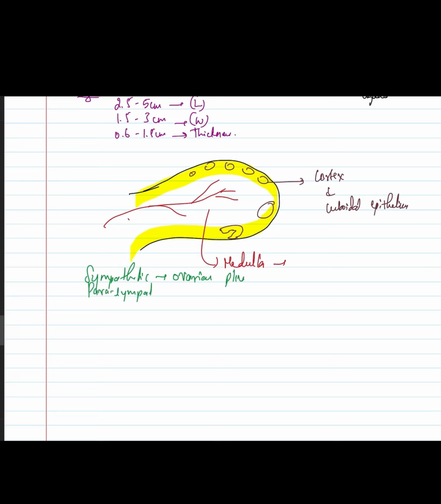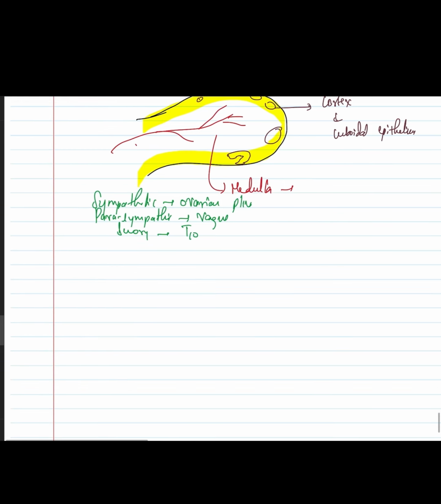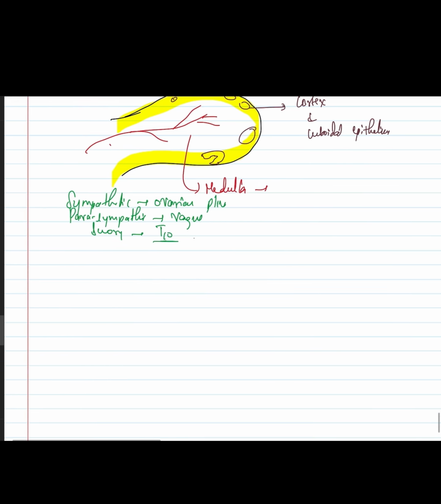Parasympathetic is your vagus nerve. And sensory is by T10. That is why any kind of ovarian pain will be at the level of T10, at the level of the umbilicus. It gets radiated to the umbilicus. Okay, this is about the ovarian anatomy.